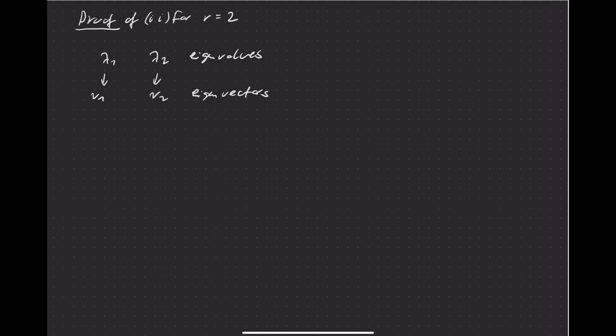So let mu1, mu2 be coefficients such that mu1 v1 plus mu2 v2 equals 0. And we need to show that the mu's necessarily have to be 0 then.